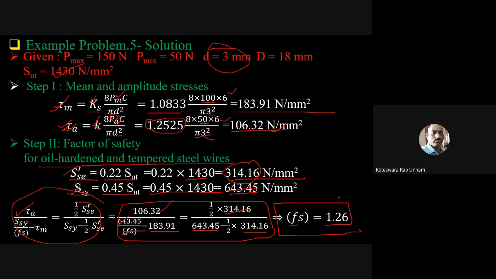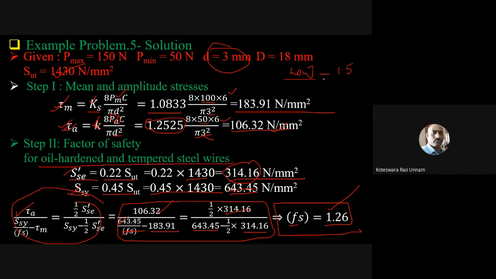So that is the solution for this particular problem. He asked us to calculate only the factor of safety. Therefore the factor of safety is 1.26. If you remember, while discussing fluctuating loads, we discussed this factor of safety. For springs, we use a very low factor of safety, which at max is 1.5.